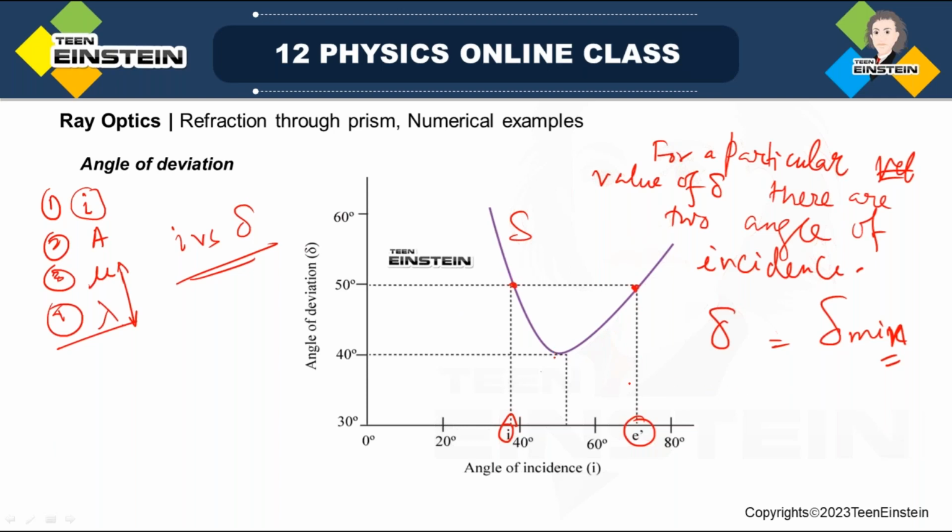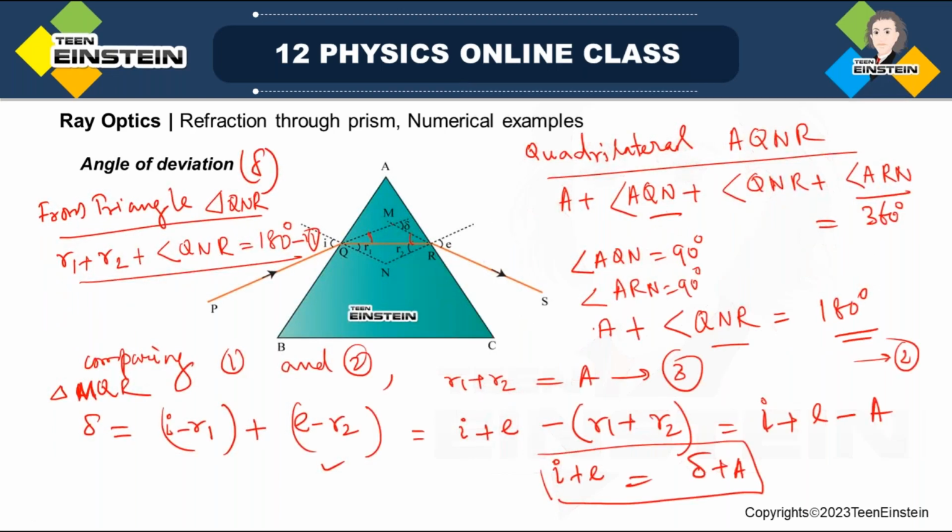And you look, there is only one angle of incidence, that means angle of incidence and angle of emergence will be equal at minimum angle of deviation. Okay, so at minimum angle of deviation, angle of incidence and angle of emergence are the same. And in that case, you know what will happen? The ray inside will be parallel to the base. Parallel to base.